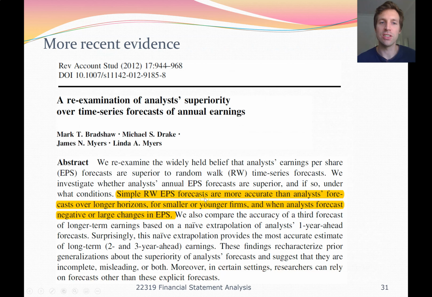However, more recently, such as in 2012, this paper finds that simple random walk earnings per share forecasts are more accurate than analyst forecasts over longer horizons for smaller or younger firms, and when analysts forecast negative or large changes in earnings per share. A simple model, like a trend analysis, or just assuming last year with a bit of random movement, is more accurate than the analysts.